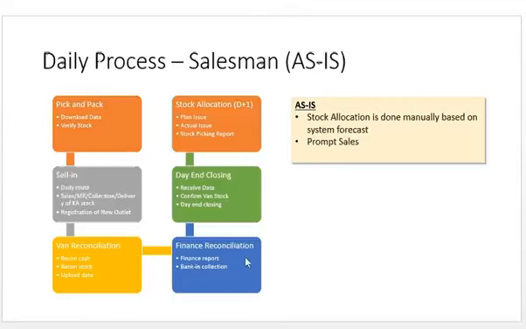So the finance would generate the so-called finance report, and then do another round of tallying against the cash collected. Once that is done with no discrepancy, they will also check the cheques collected, no bounced or rejected cheques, and so on.